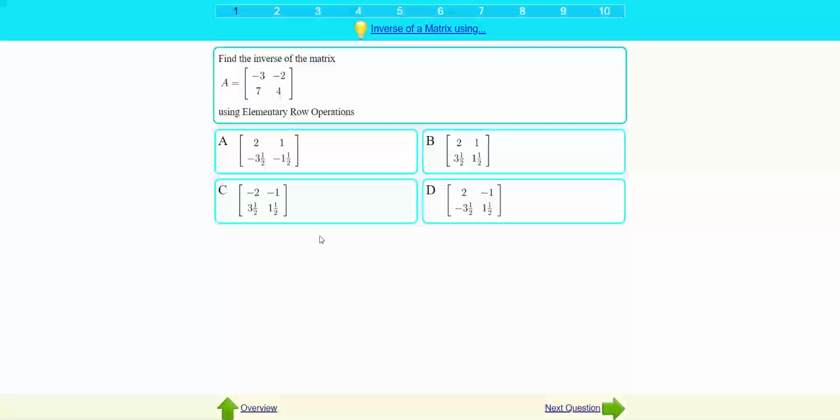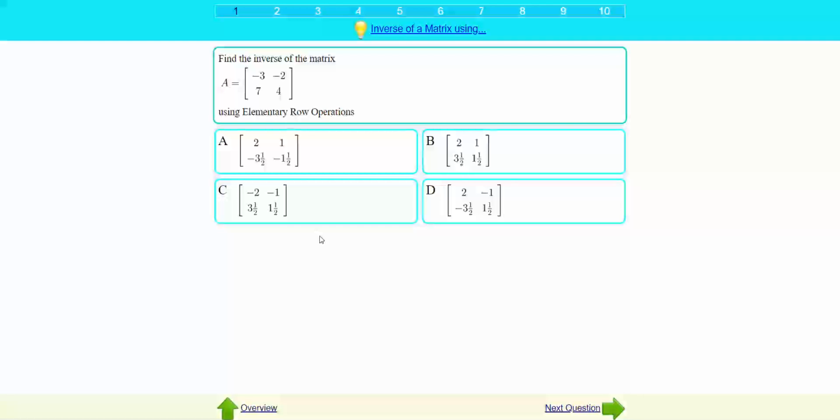We should have leading ones in the first row, and for that we will divide the first row by -3. So we will have 1, and then 2 over 3, and then -1 over 3, and then a 0 on the other end.